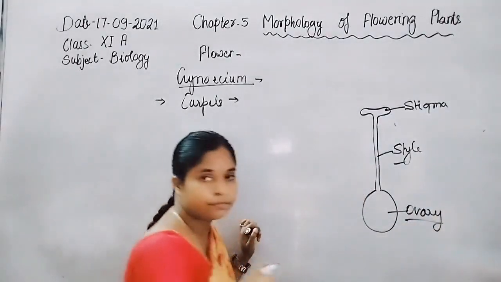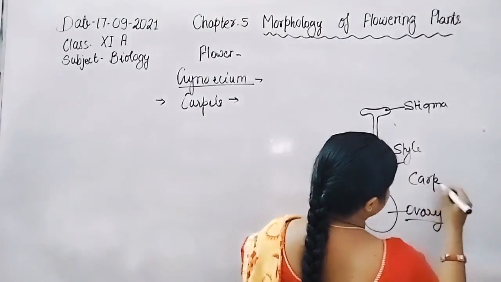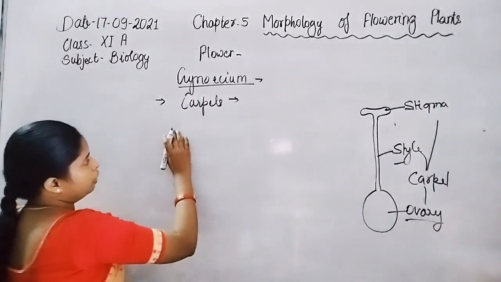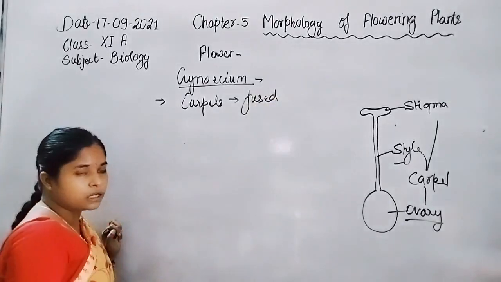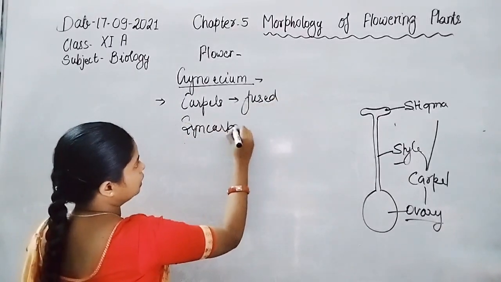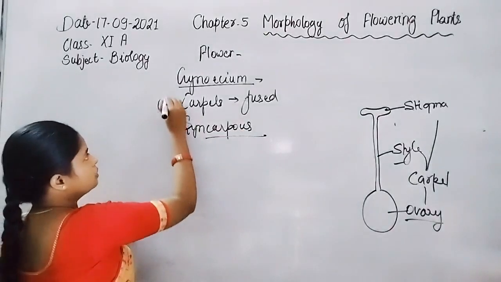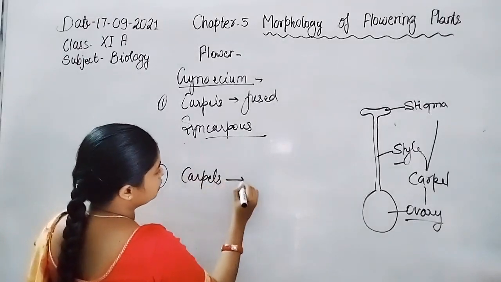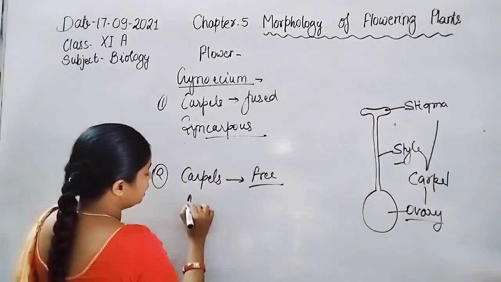These are the parts of a single gynoecium or carpel. If carpels are fused, such gynoecium is known as syncarpous. If the carpels are free, such carpels are known as apocarpous.